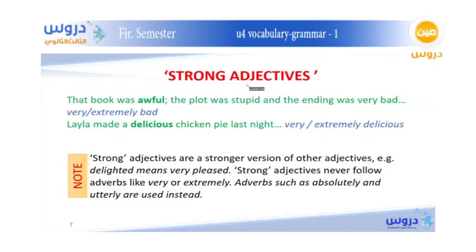Most of you know the meaning. Okay, good. Strong adjectives. The book was awful. The plot was stupid, and the ending was very bad. You can say extremely bad. So very is a normal or base adjective modifier, extremely is strong.